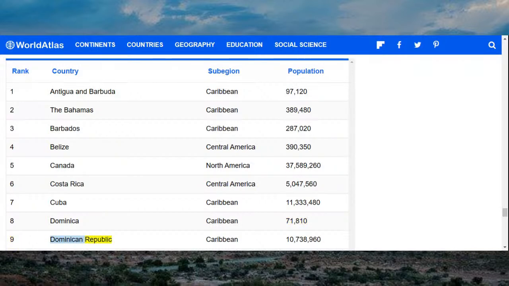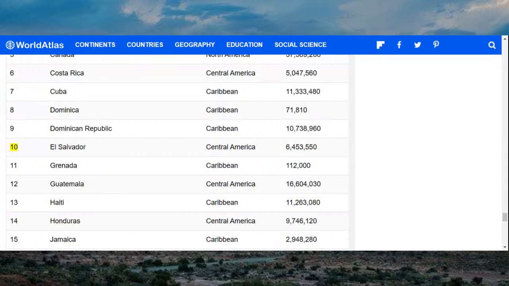Dominican Republic, Caribbean, 10,738,960. 10. El Salvador, Central America, 6,453,550. 11. Grenada, Caribbean, 112,000. 12.